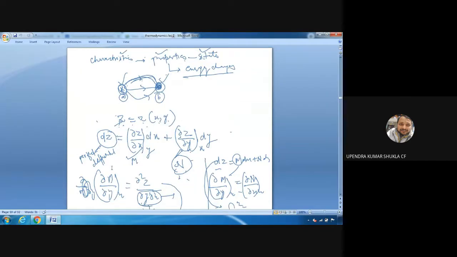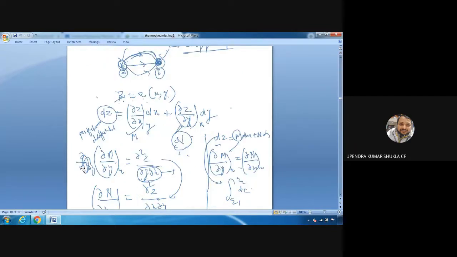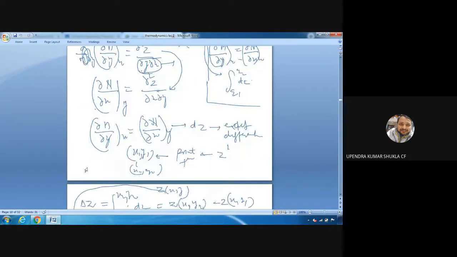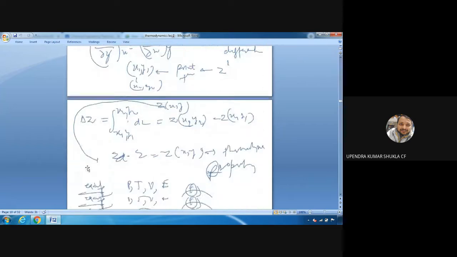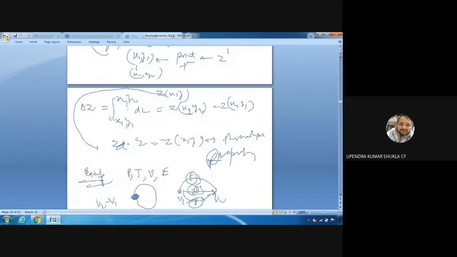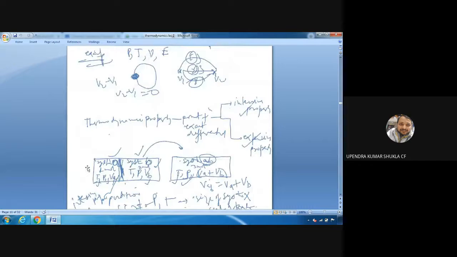So property is a point function. This should not be a path function. Z is equal to Z of x, y. So perfect differential, I told you how to take this point function. Property is a point function. So thermodynamic property is a point function, meaning exact differential.